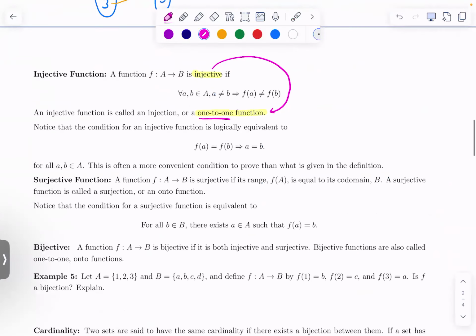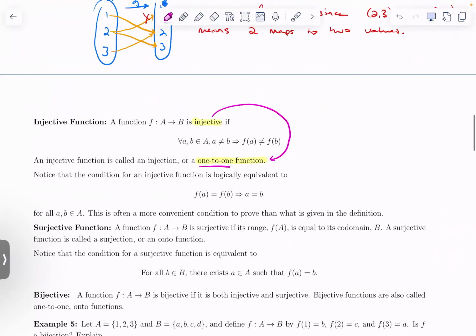So this means, one-to-one, each output is mapped to at most once. You're still allowed to leave some out, right? And not map to them at all, but you can't map to it more than once.